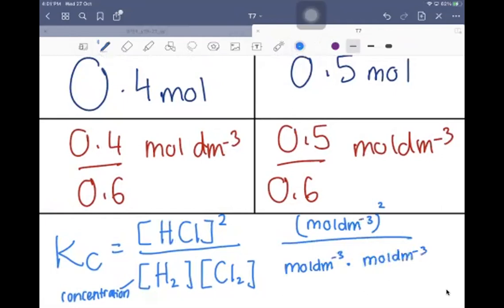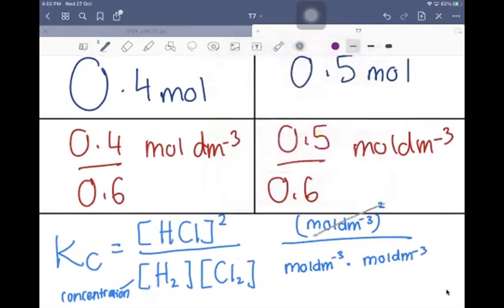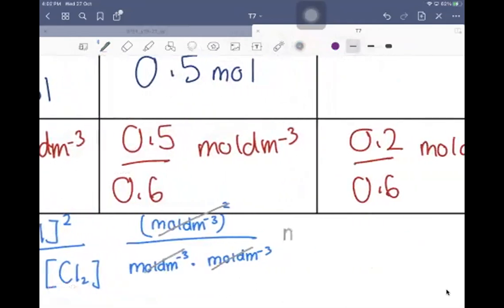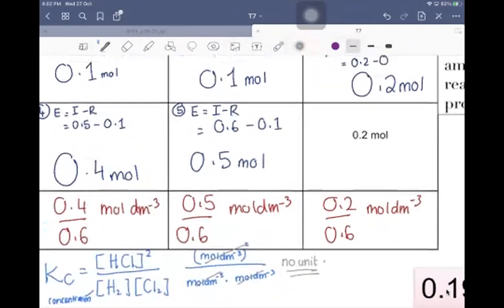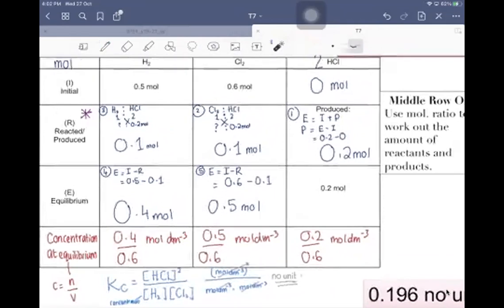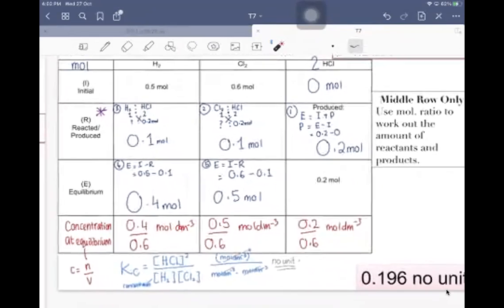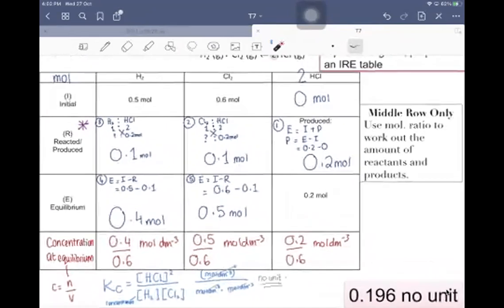So top and bottom cancel out. So that's how you get no unit. Make sure you mention your answer as no unit. Even though I've already given you the example here, you need to work out and see if using that expression will give you 0.196. If you want to copy this down, you can pause here and then I will move on to the next question.